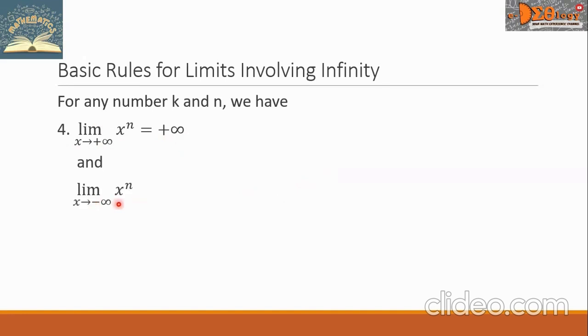And the limit of x raised to n as x approaches negative infinity equals, the answer is positive infinity if n is a positive even integer starting from 2 onwards. Or the answer is negative infinity if n is a positive odd integer starting from 1 onwards.